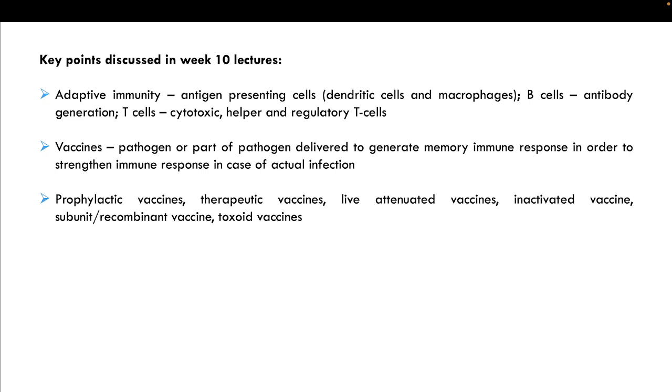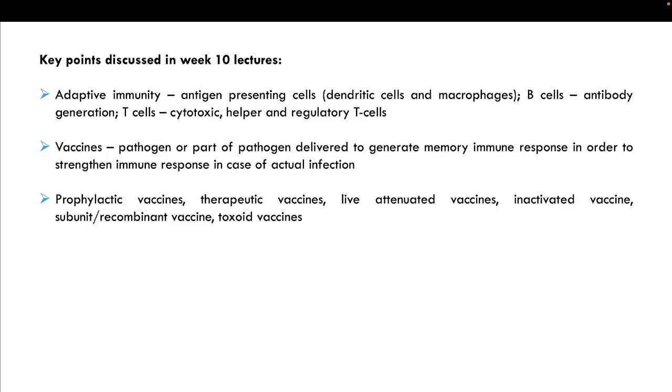And next, it could be a live attenuated vaccine. What does live attenuated mean? So, as I said, your vaccine could be a pathogen, or it could be a part of the pathogen. So, live attenuated means that you have that particular pathogen that causes the disease. You have somehow modified it to make it less virulent.